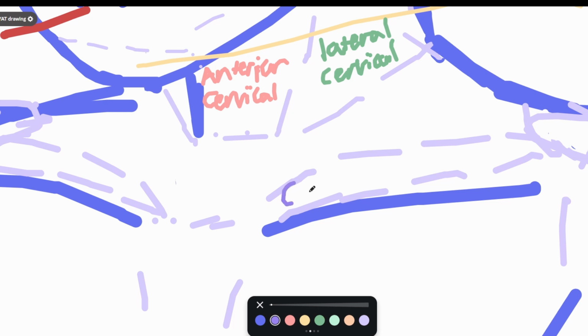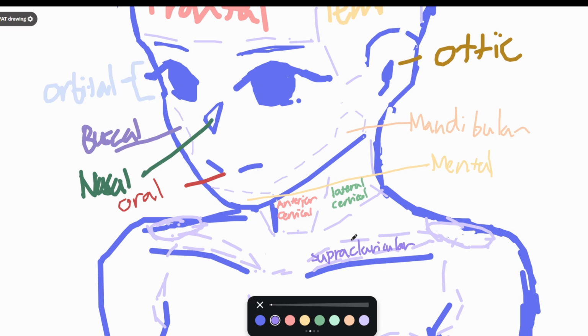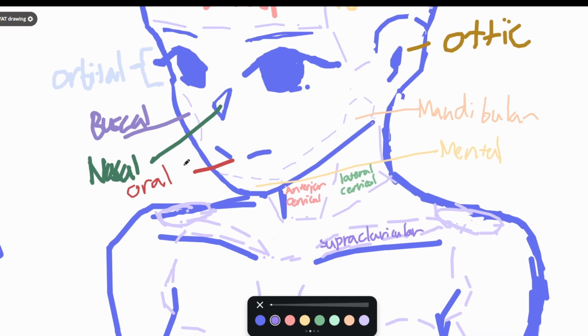So your clavicle, and this area is above your clavicle, so you would say the supraclavicular. And I think by now you've noticed a lot of these words have the al ending, right? Clavicular, cervical, mental, mandibular, and also ar.